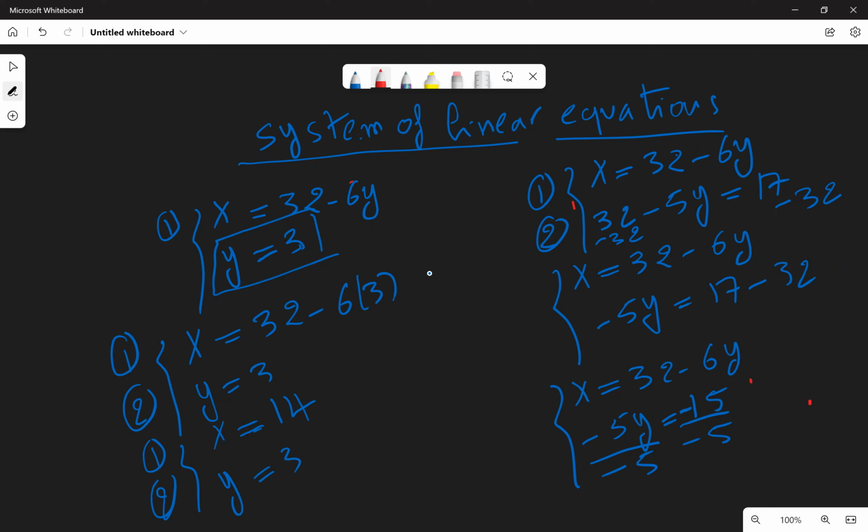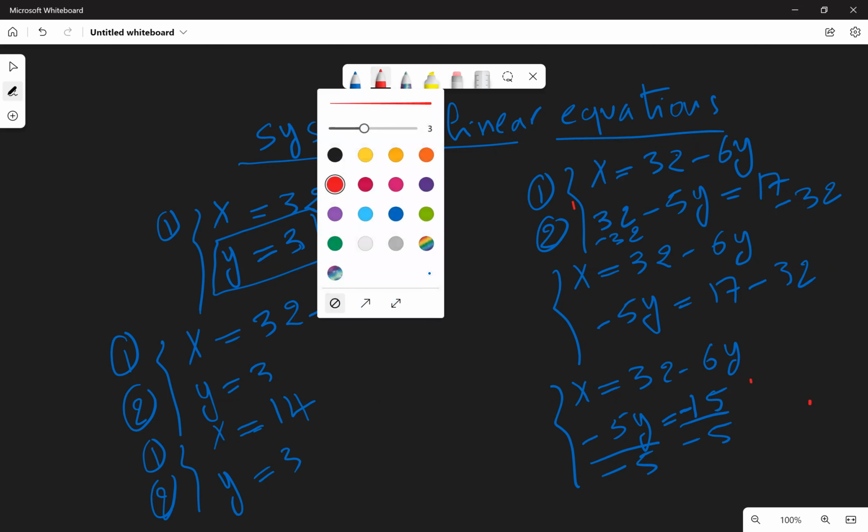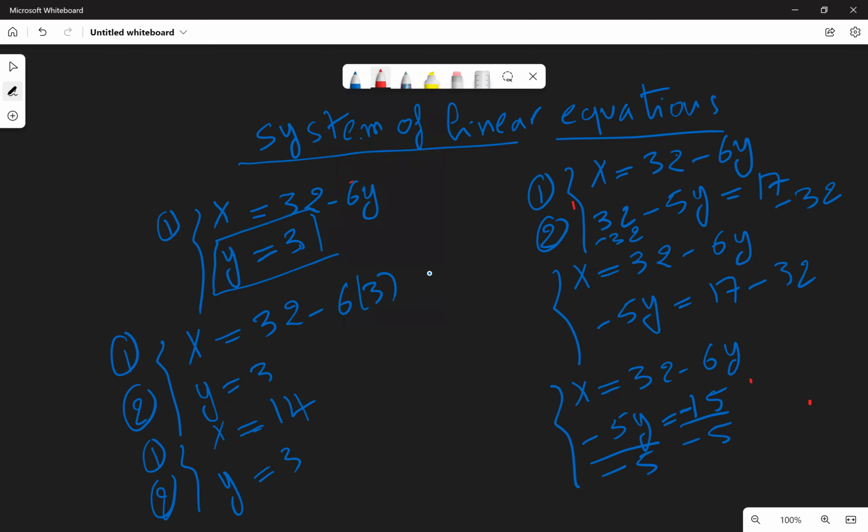So let me write it down in a different color. x equals 14 and y equals 3. So the pair (x, y), which is (14, 3), is the solution of the system of linear equations.